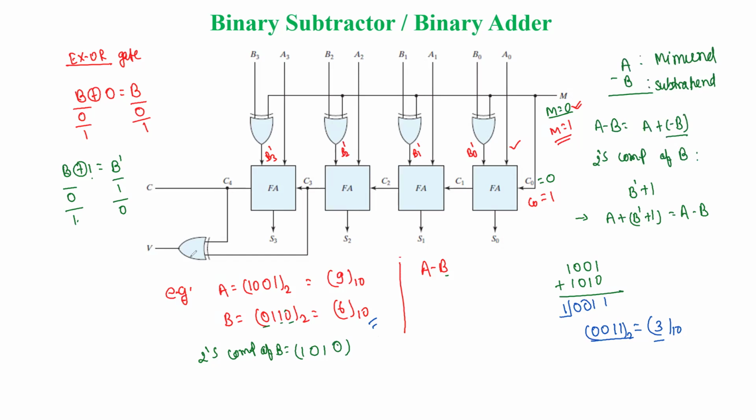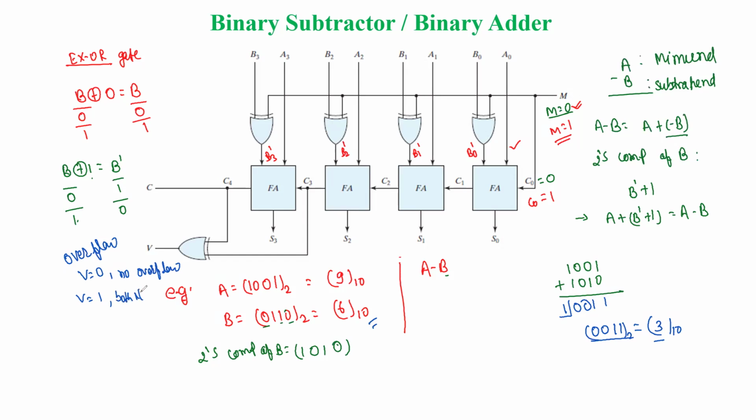And here if you see, the carry C3 and C4 is connected to the XOR gate. So this V represents the overflow condition. Whenever V is equal to 0, it will represent that no overflow takes place. And whenever we have V equal to 1, it represents the overflow condition. And when is overflow going to occur?